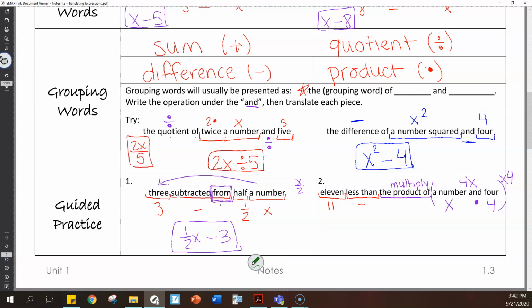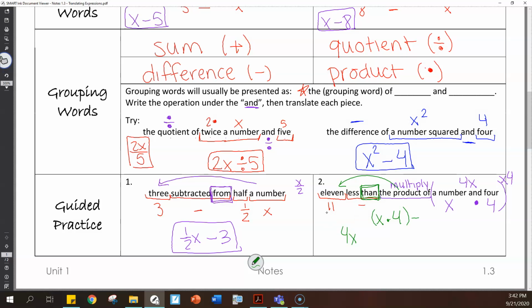So I've got this less than here again. Remember, than tells me I need to flip this. So I need to flip the product and 11. Well, my product was 4x, or x times 4. And I'm subtracting 11 from that.